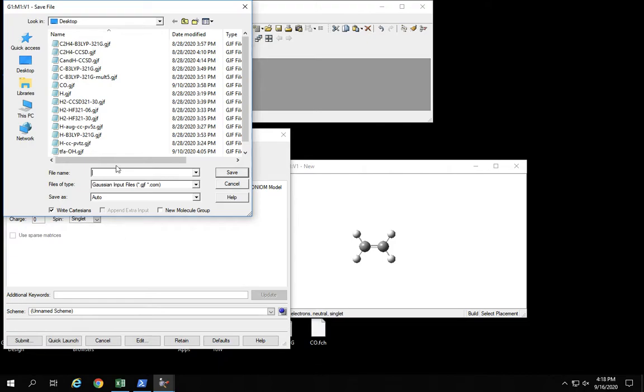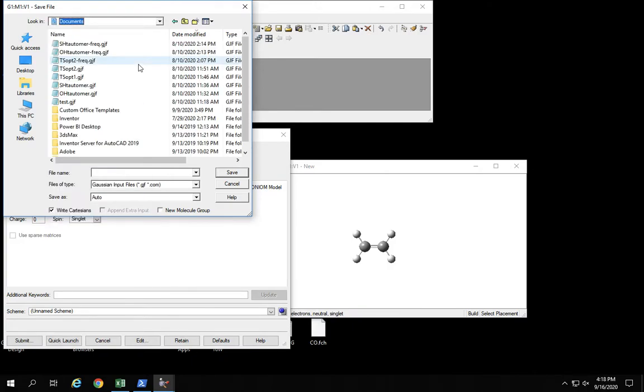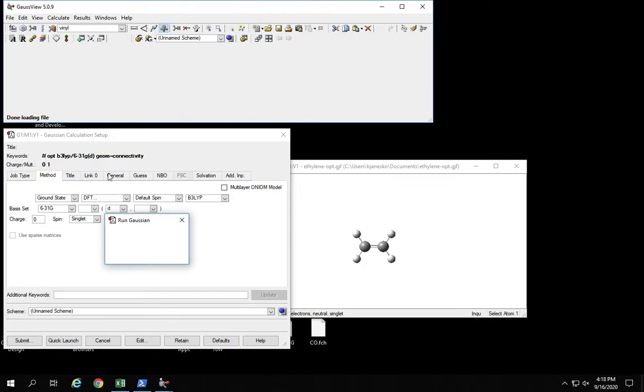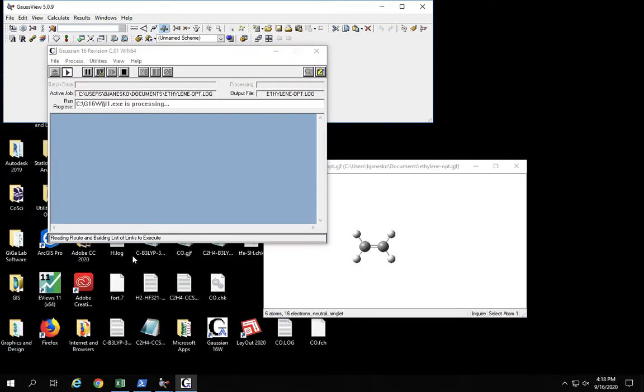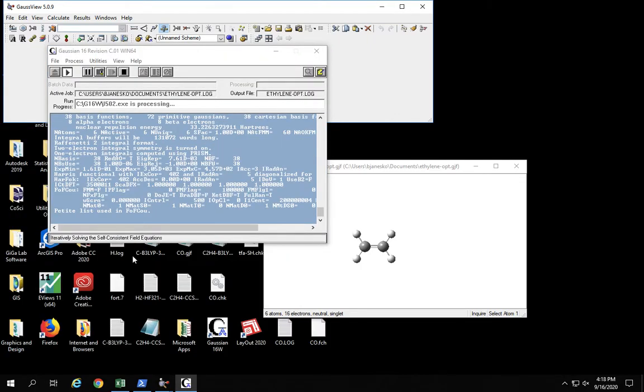I'm going to save for now all of my files in the documents folder. Clean opt. Submit the job. Because I've got my environment variables set up, I can just run this job no trouble.